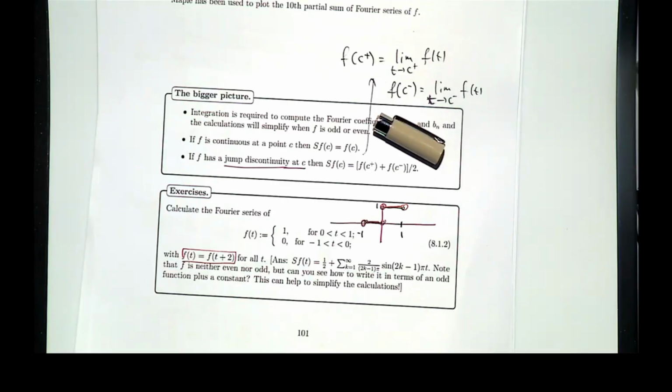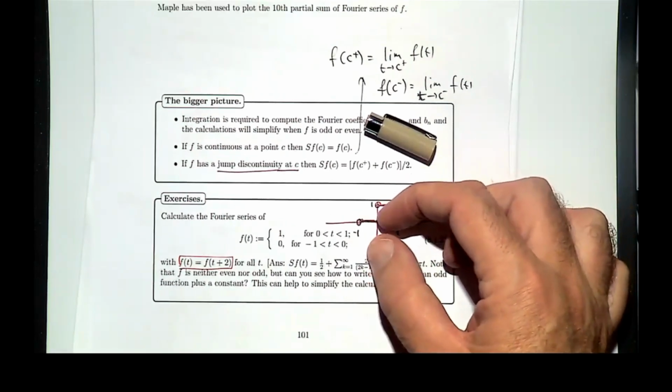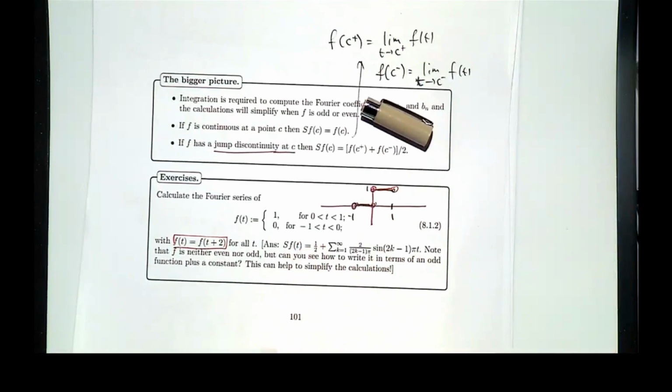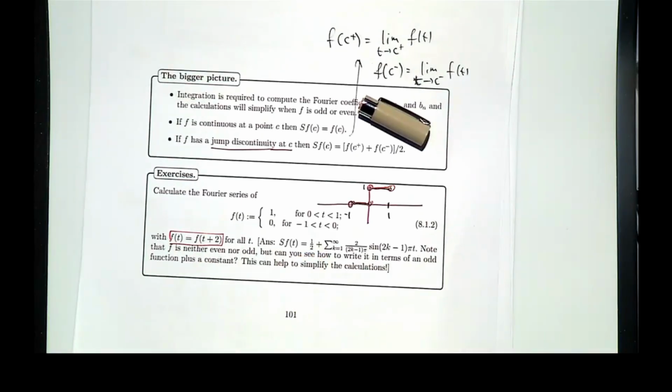Yep. Shift it down half a unit, and that'll be the Fourier series for it, and then you shift it back up by adding 1/2 into the answer. So that can save you bucket loads of time.